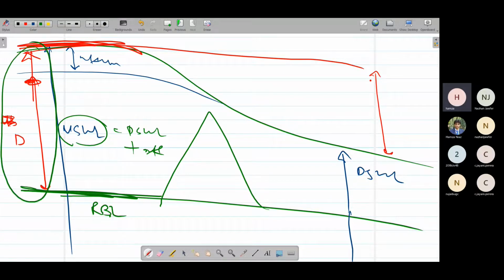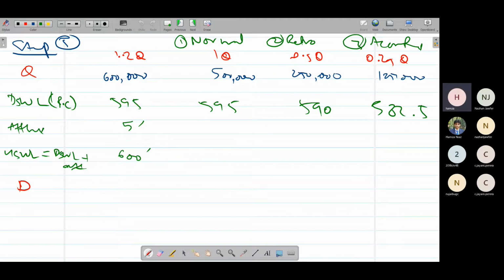So this is the upstream depth, not this one, this is head loss. So upstream water level is 600 feet, river bed level is 582 feet. We'll get the upstream depth as 18 feet.